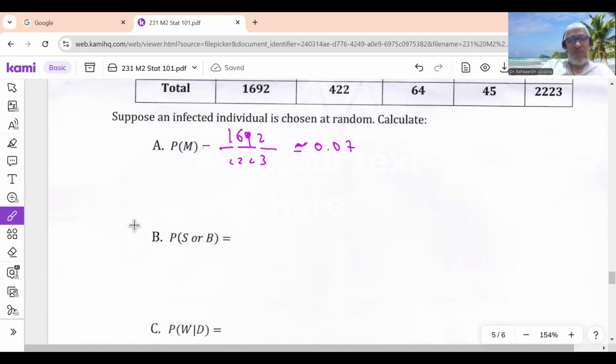Probability of S or B. There are two ways to find the probability of S or B. You can use the formula: probability of S plus probability of B minus probability of the intersection. This is the formula. You can use that.